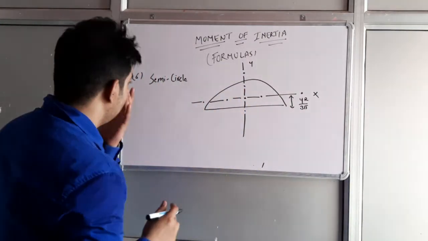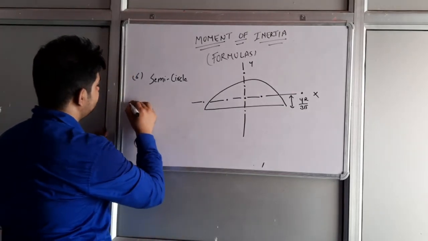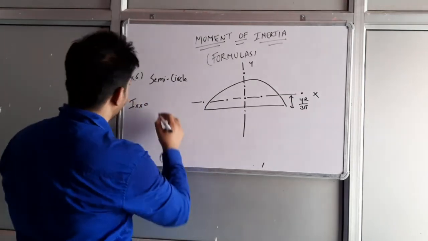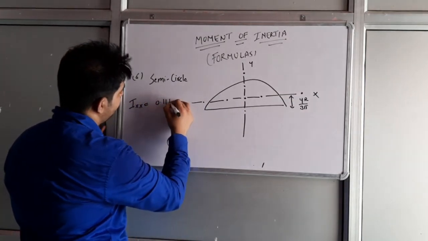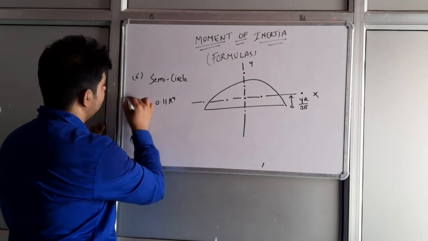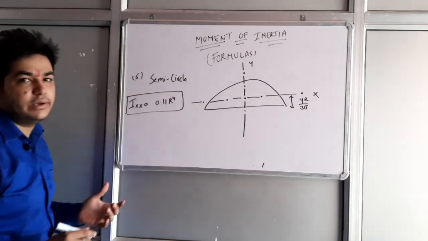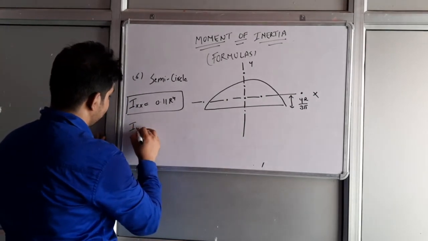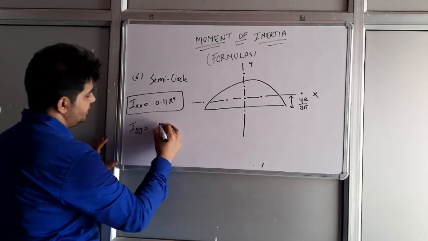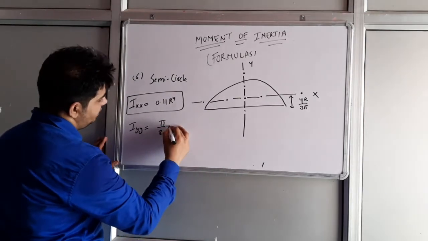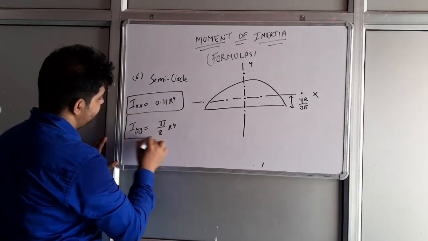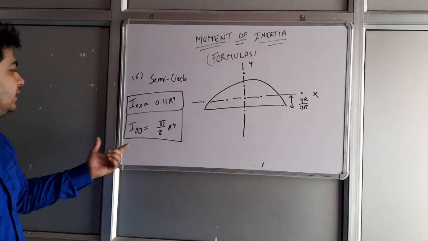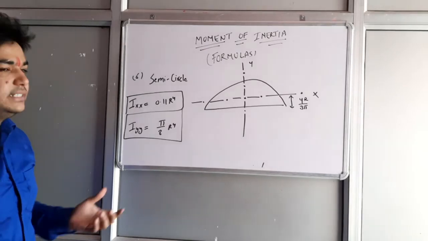So the moment of inertia of semicircle about x-axis will be 0.11 r to the power 4, and for y-axis it will be pi by 8 r to the power 4.